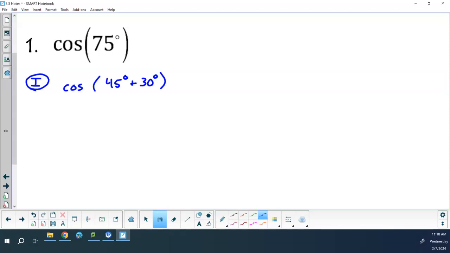Okay? According to formula number 18, the cosine of u plus v is going to equal the cosine of u cosine of v minus sine of u sine of v.